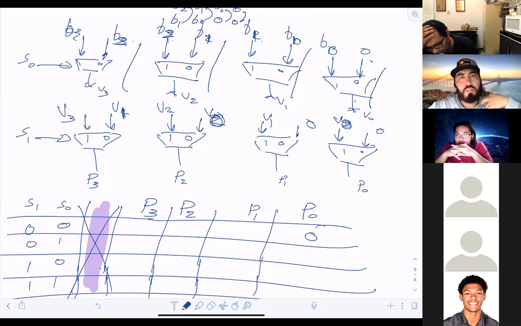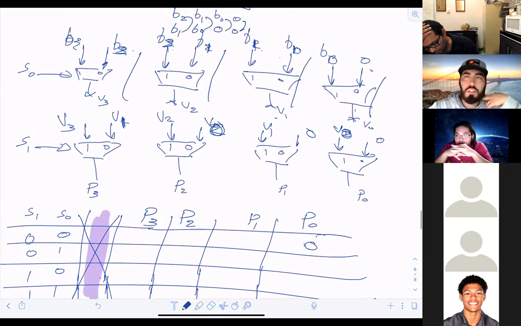Should be like that. So in that case, it's going to be B0, right? Here we're going to be what? B0. Here we're going to be what? B1. Here we're going to be... You know what I'm doing, right?